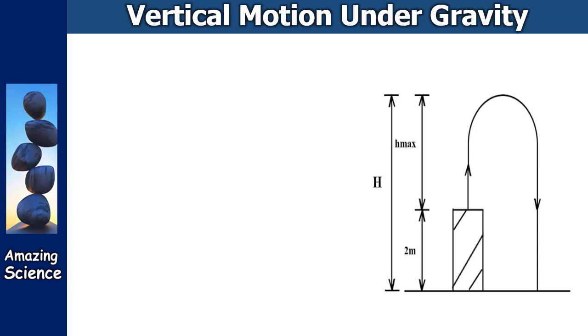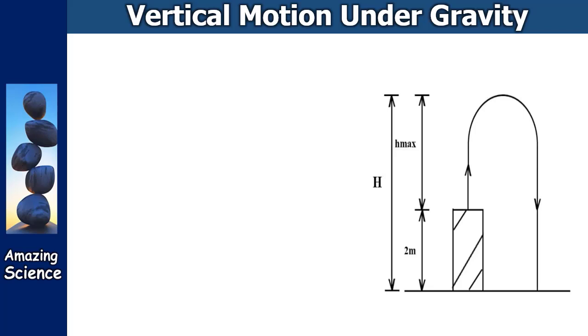So we have to find two times, that is T1 and T2. T1 representing the time it takes to reach the maximum height projected from the 2 meter point, and then T2 is the time taken to move from the maximum height to reach the ground, and then add them.